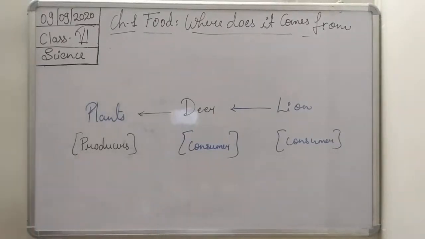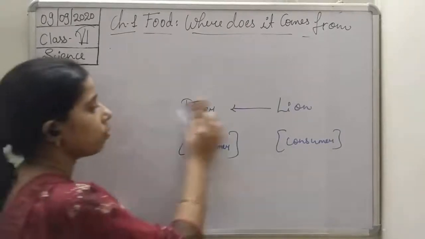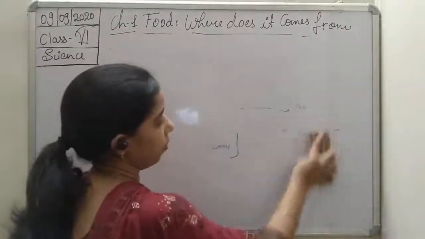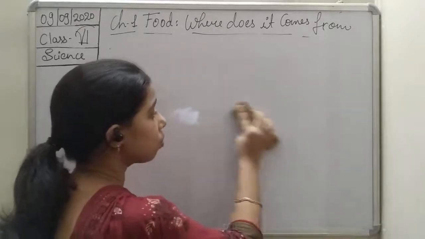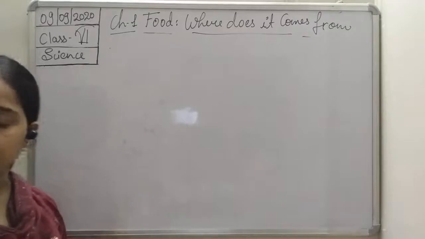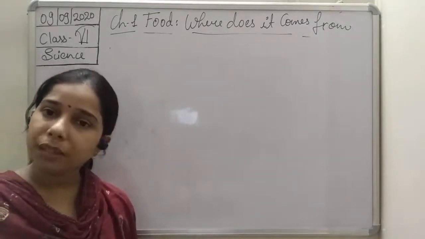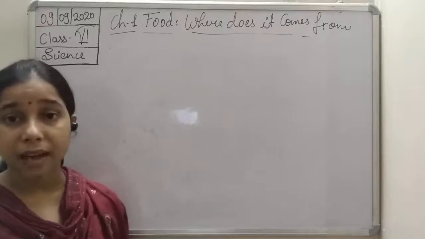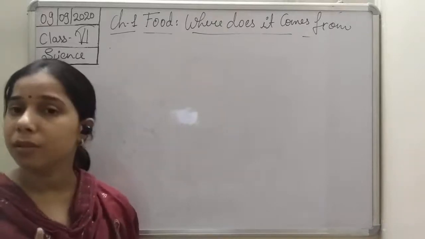If we move forward, student, and see, then you see we discussed the producers, we discussed the consumers. Now, every animal has a different food habit. You see, some of the animals eat only the plants, they eat only the grass. But some of the animals eat other animals only.